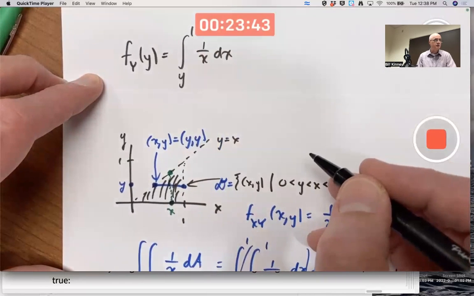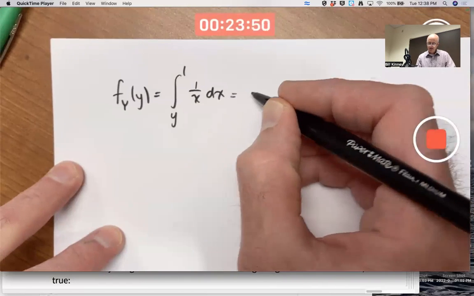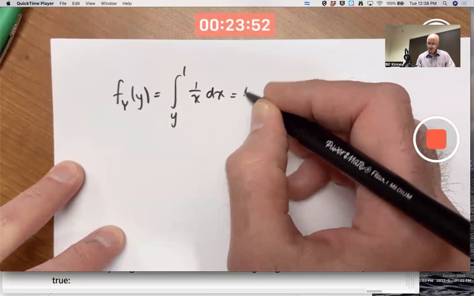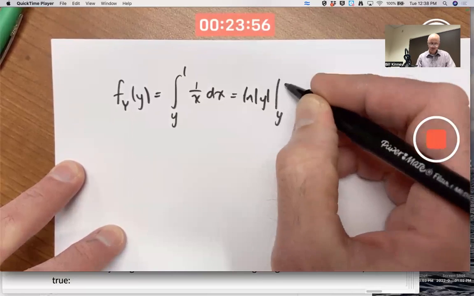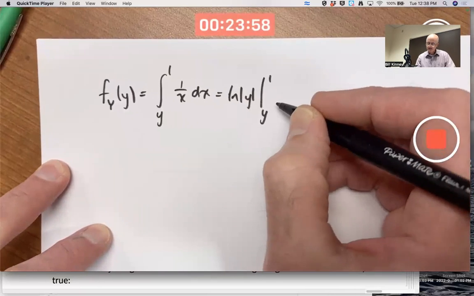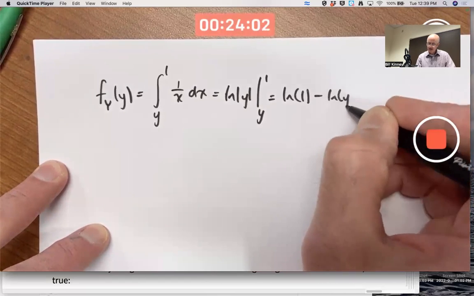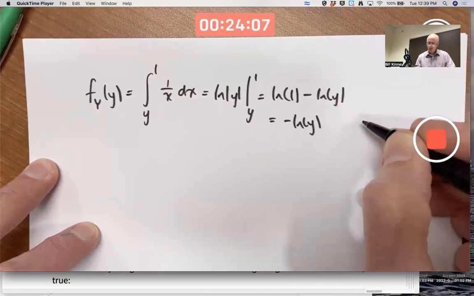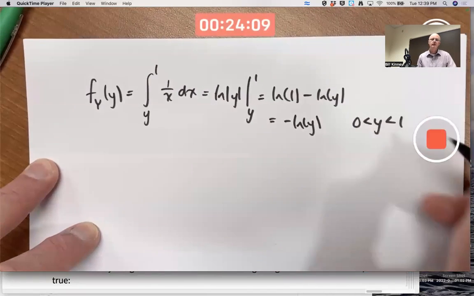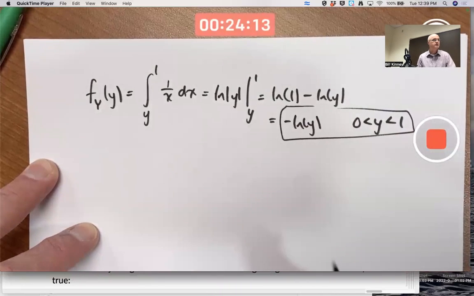You don't want the result to depend on y in general. That ends up being this. Oh, I forgot, we are going to get a minus sign in there. This becomes natural log of 1 minus natural log of y, and that simplifies to negative natural log of y, for y going between 0 and 1. Natural log of 1 is 0.